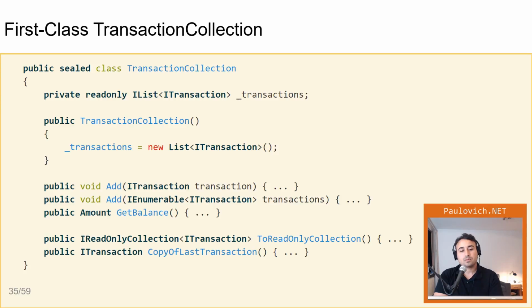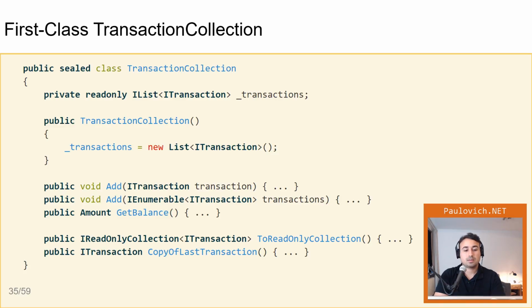So that list of transactions I encapsulate in a field in my transaction collection. And here, my transaction collection exposes only add, like add transaction, or add a list of transactions.